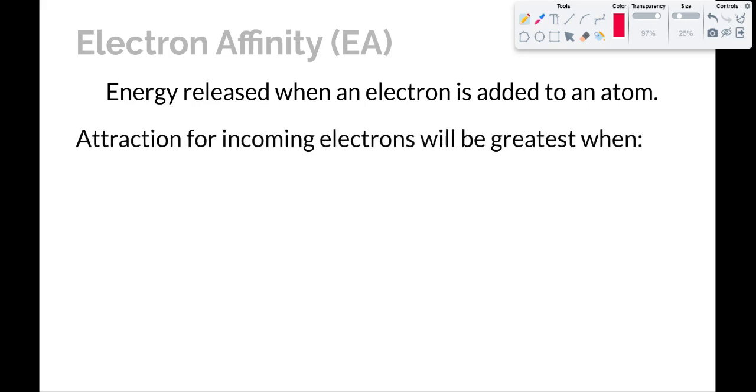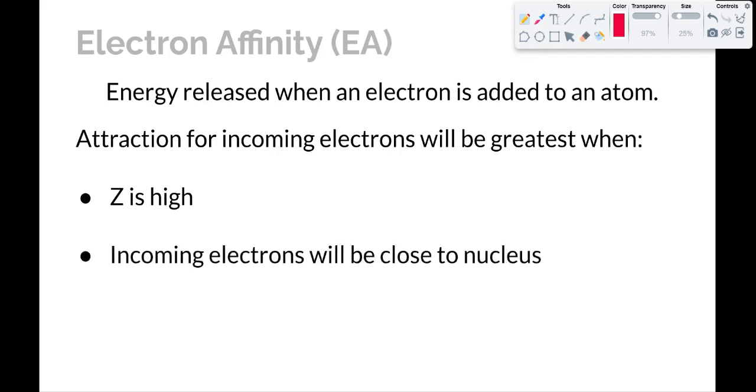The attraction for incoming electrons is going to be greatest when these conditions exist. The first thing is there's a high Z. In other words, the nucleus has a large charge, and that's attractive to an electron. The bigger the positive charge in the nucleus, the more attractive it is to the electron. And the electron will end up close to the nucleus, which means the radius of the shell it ends up in is small.